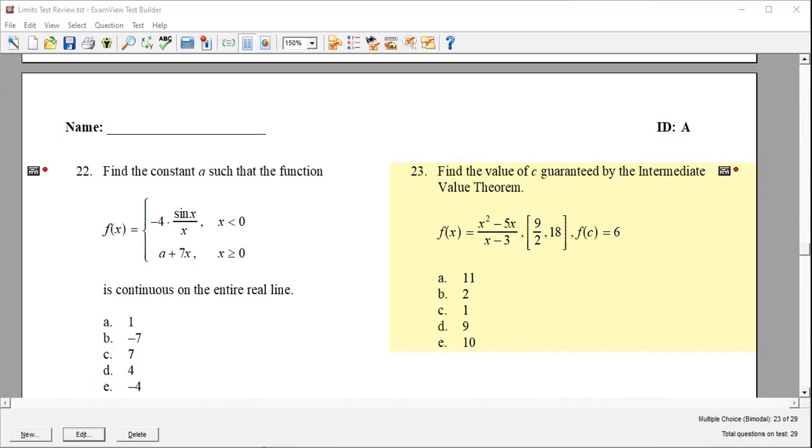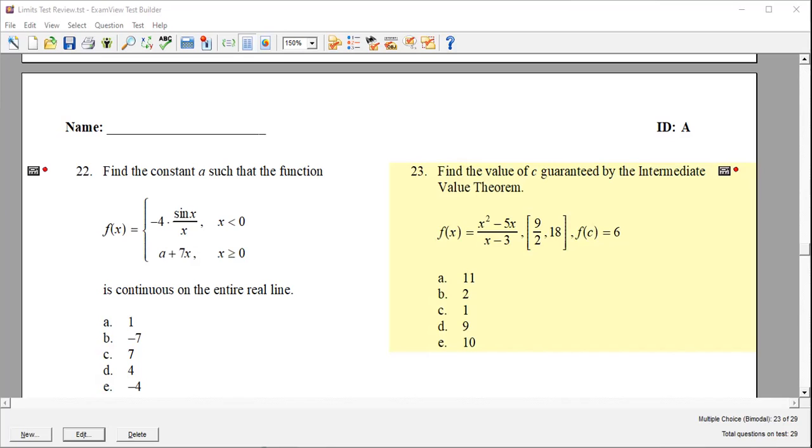And because I have x squared and x, I'm going to need to factor. So I need to get it equal to 0. Leave that x squared alone because it's already positive. I'm going to move my 6x and my 18, which gives me x squared minus 11x plus 18.